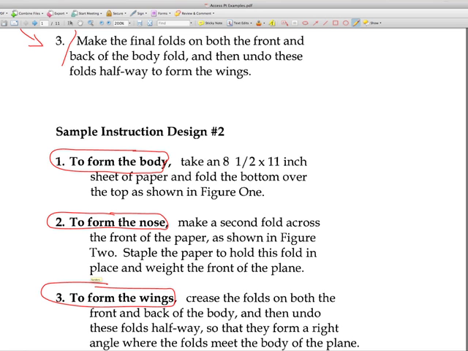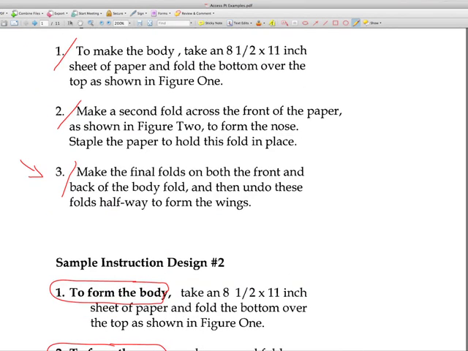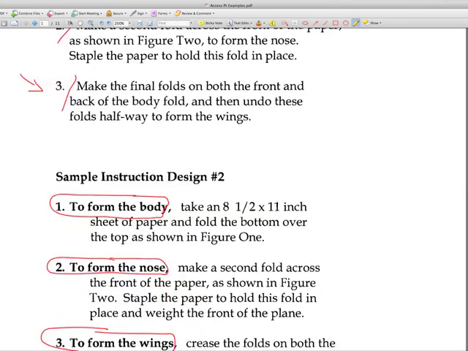Everything looks the same. Notice that it is focused on, pardon me for moving this around, it's focused on the reader. There's an action, and then the thing that is acted upon or that the action creates. It's written to the reader in the reader's context of use. To form, I'm folding the body. To form the nose.